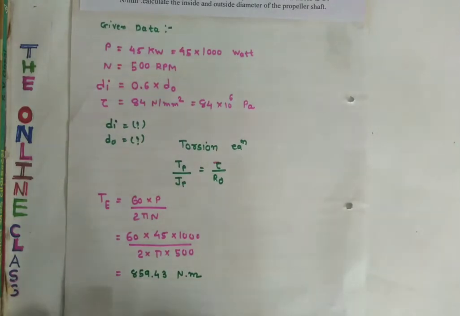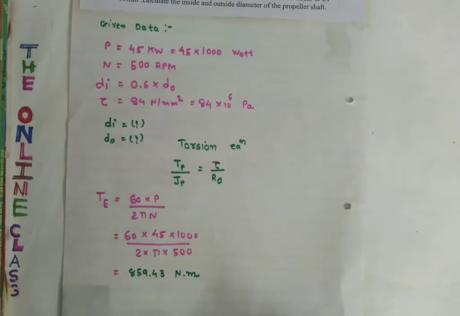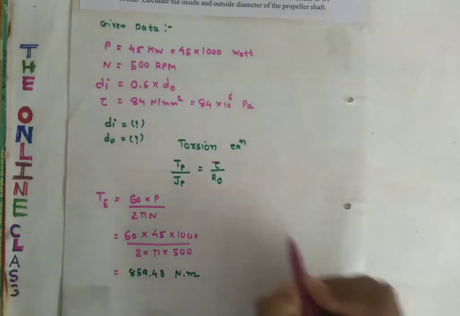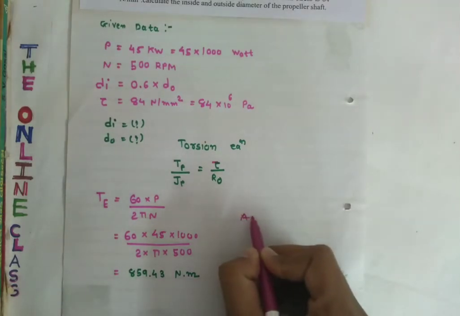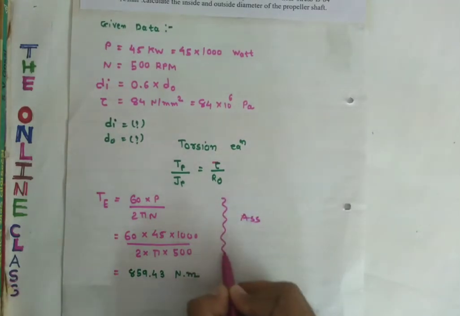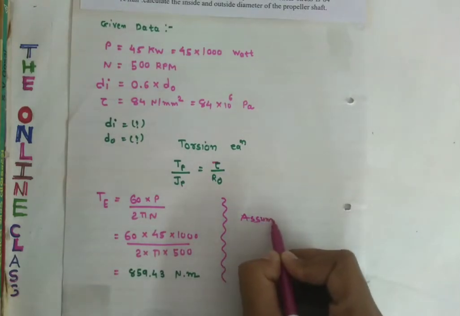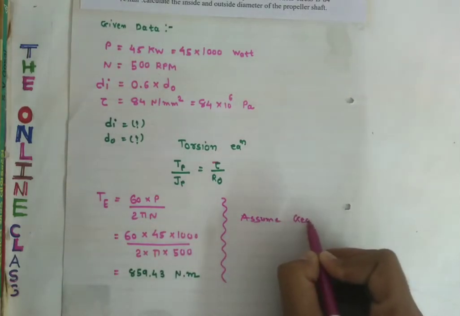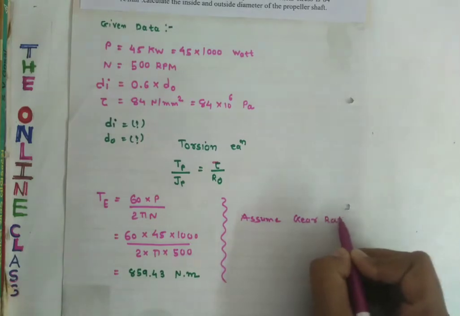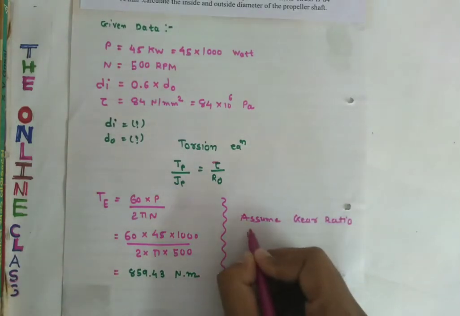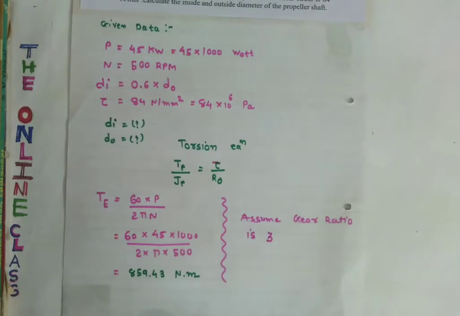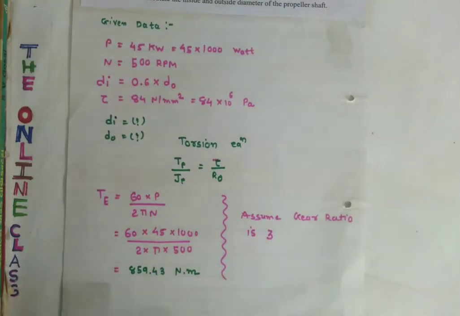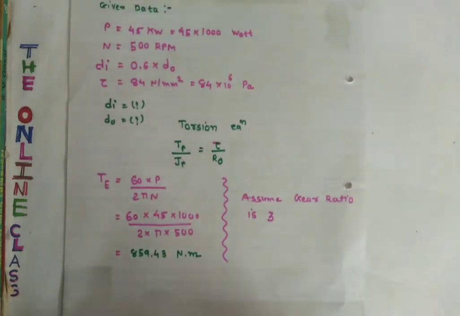Here we don't have the gear ratio, so that's why we assume the gear ratio is 3. You can also assume Z is equal to 2.75 or 3. Here we have assumed gear ratio is 3.